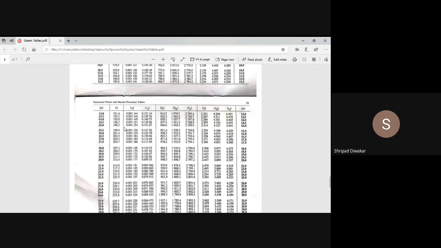Okay, and next we have the specific volumes, and this value is most important: 844.6 is the sensible heat of water, HF. Okay, next HFG is the latent heat, and then finally it is the total heat of the steam. Like that we have two tables, one is the pressure based table and one is the temperature based table. At 15 bar pressure, temperature is 198.3.